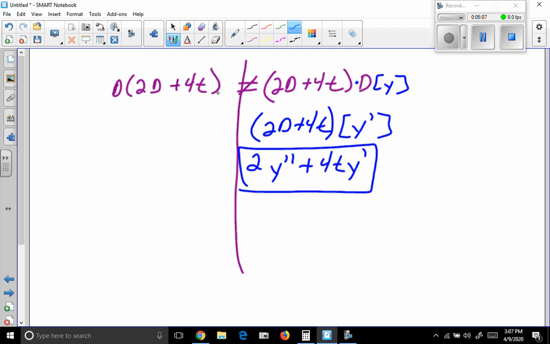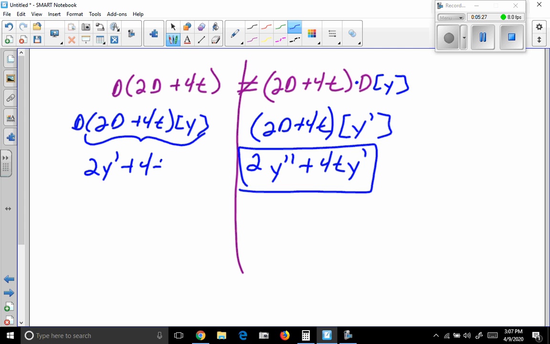But if we do the operation this way, 2D plus 4t, and we do that operation on y, then we're doing that operation first, derivative of y times 2, and then we're doing 4 times t times the function y. And then the next operation is that. So for the first term, to take the derivative of it is the derivative of y prime, which is y double prime, times 2.